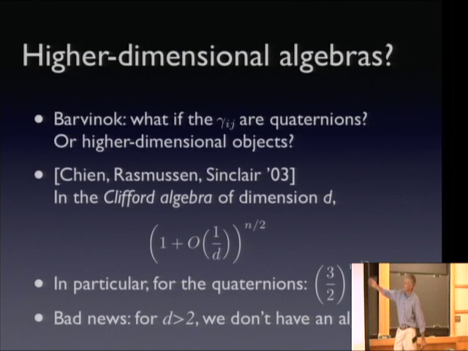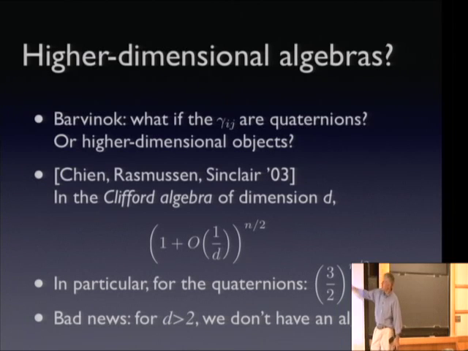So I think it was Alexander Barvinok that asked the next question in the sequence here, which is, come on, surely it's got to be even better if we replace every one with a unit-length quaternion. Okay. And then he even suggested, why stop there? Let's really take it to the next logical level and just look at other higher dimensional objects.